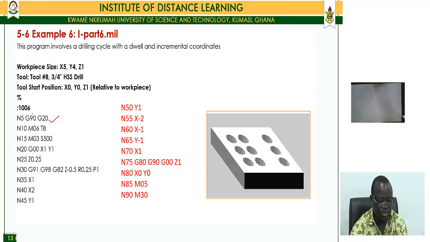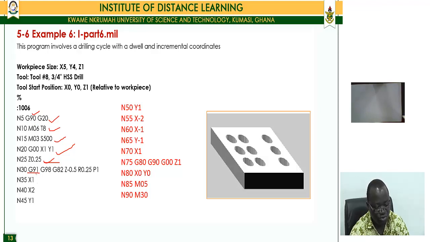It's just that we initialize this movement. First we initialize absolute coordinates. We change the tool to tool number 8. We give the speed, and we do a rapid movement X1 Y1. We do a feed Z 0.25 to just get closer to the workpiece.